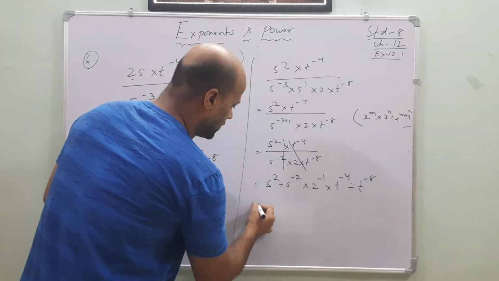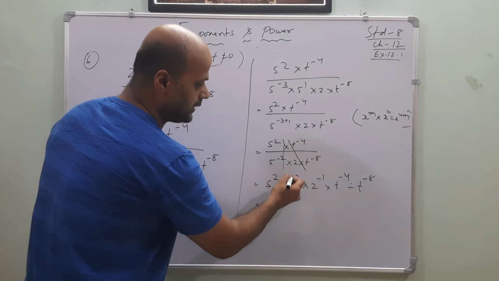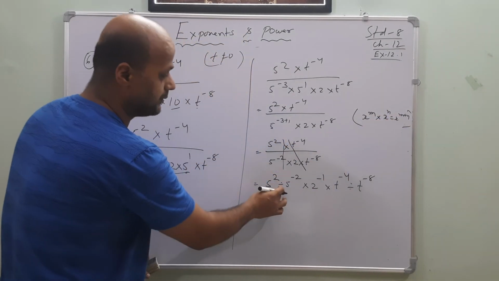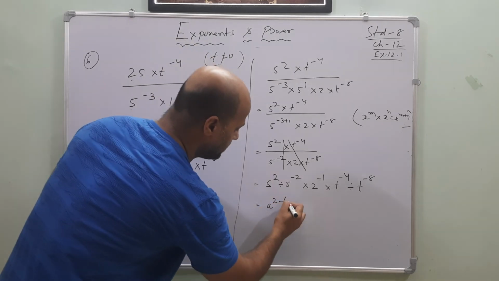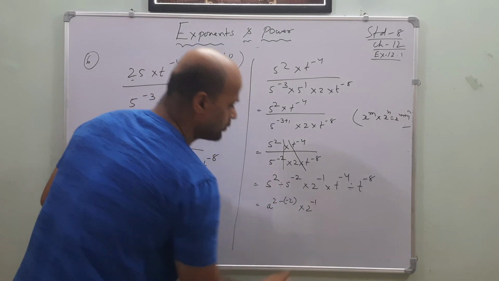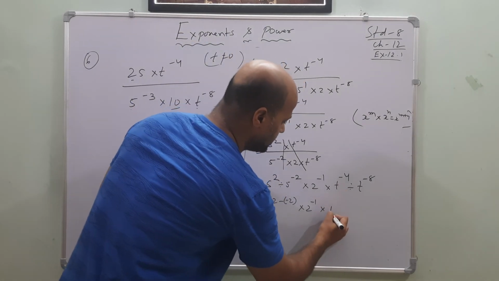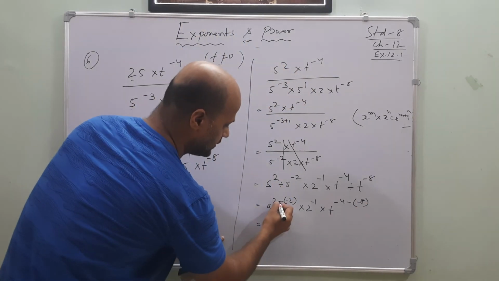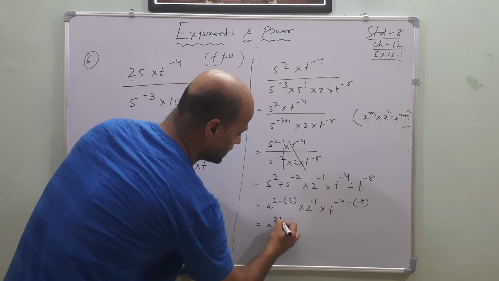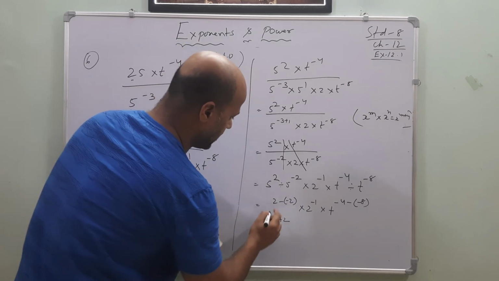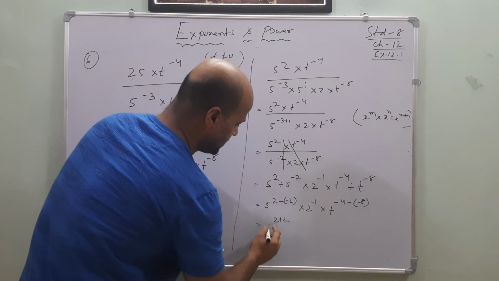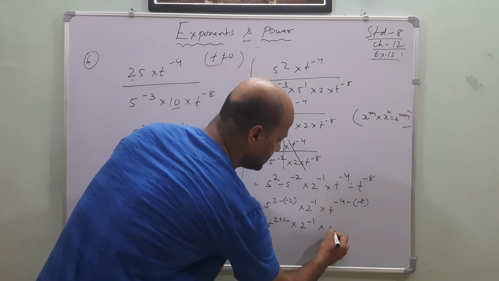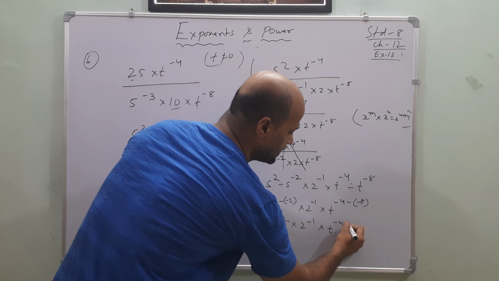Now solve it. a power of m divided by a power of n is a power of m minus n. Here it is 5 power of 2 minus of minus 2, because it is a division, into 2 power of minus 1 as it is, into t power of minus 4 minus of minus 8. Sorry my dear friends, it is 5, not a. So 5 power of 2 minus minus 2 becomes plus 2, into 2 power of minus 1, into t power of minus 4 plus 8.